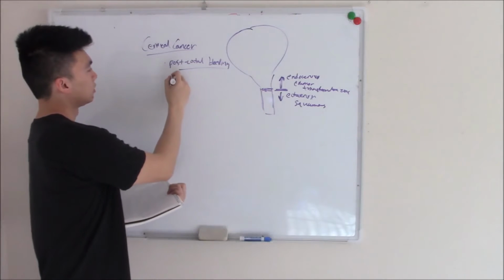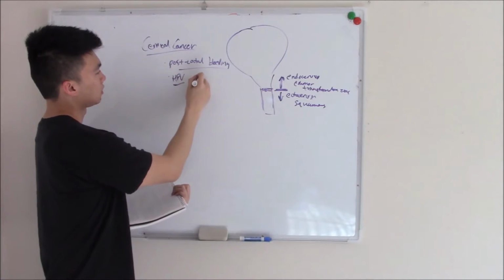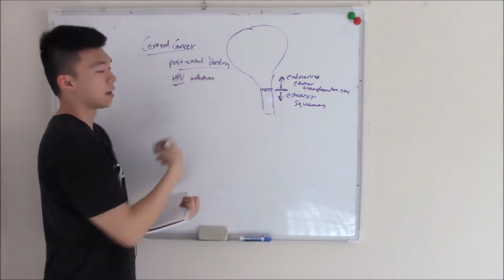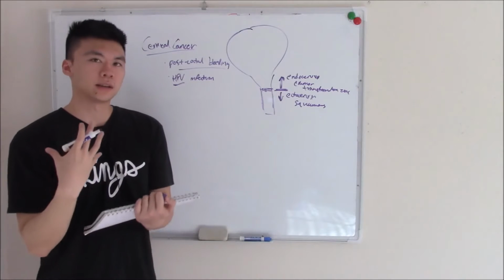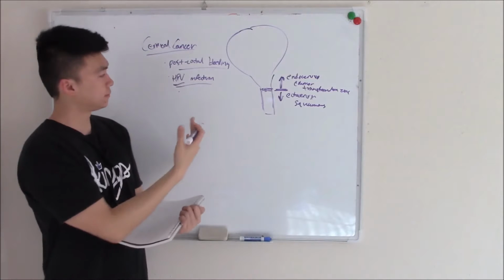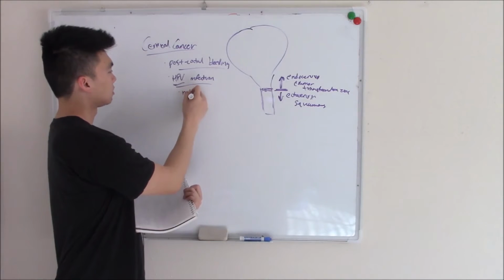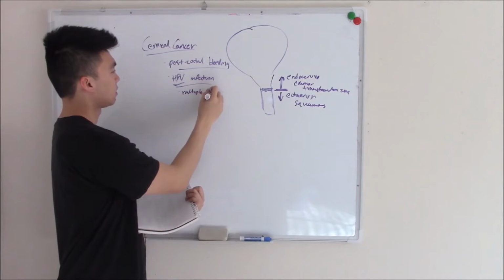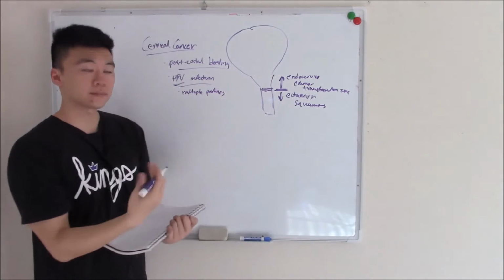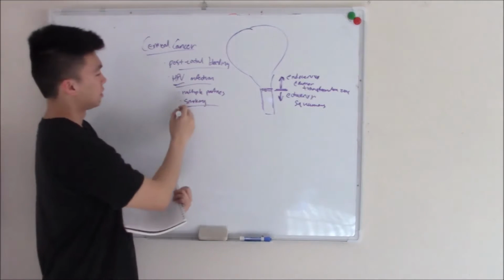The risks include high strain HPV infections, and I guess you can say more chances of HPV exposure. So having sex early in your years, or multiple partners, things like that. You can also have risk from smoking, because why not? Smoking is always a risk for everything.